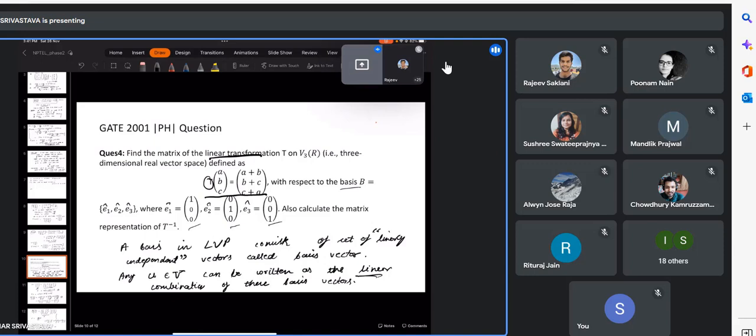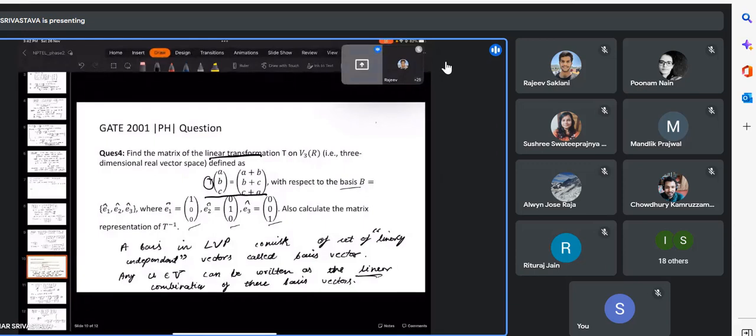Because I also wanted to, next class in the GATE portal, I think it's written differential equation. But since we have many classes, I will continue this linear vector space in the next class also. In the next class I will be talking about the linear independence of vectors in detail, and I will solve questions also.